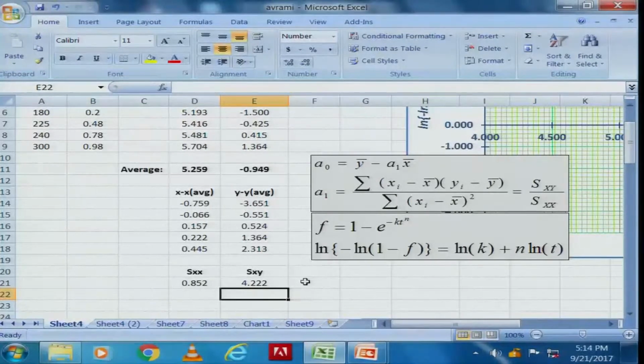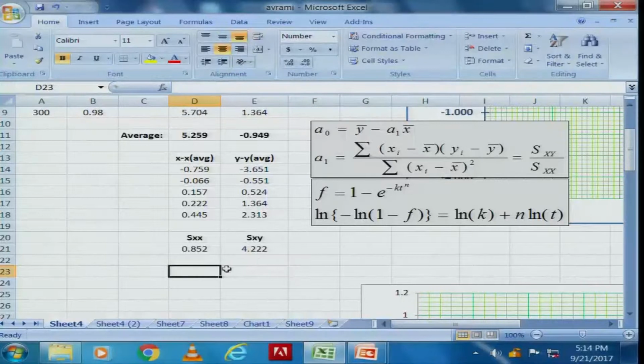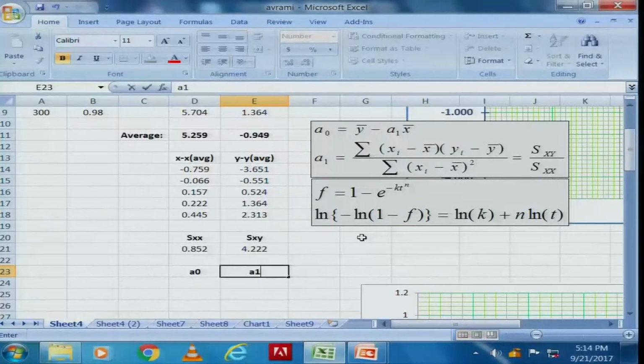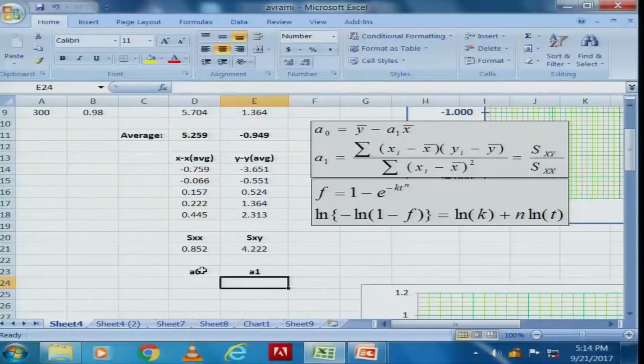So, now I should be in a position to determine the parameters A0 and A1. Let me write A0 here and A1 here, and below these I will calculate the values of A0 and A1. Well, first I need to calculate A1, then only I can get A0.